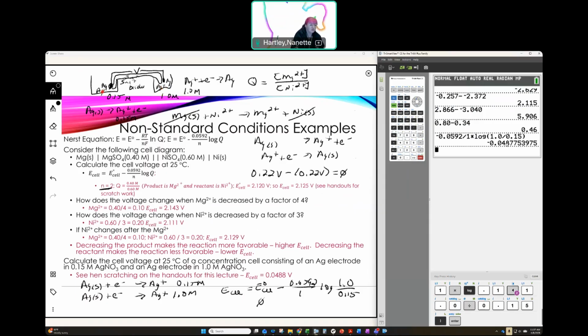That's why I would have the driving force in that direction, because I want to even out those concentrations. So that's how a concentration cell works: it has different concentrations of the same thing on both sides. And in a pinch, I can use that to generate energy. Not a lot of it, but I can do it.